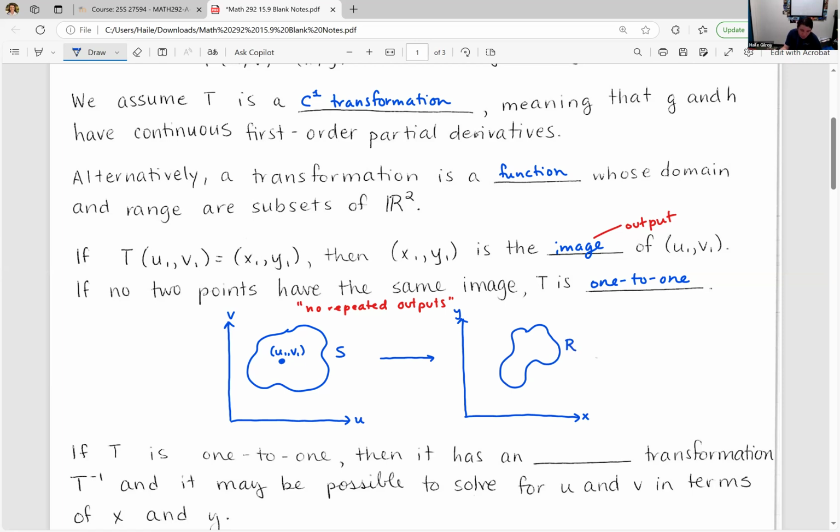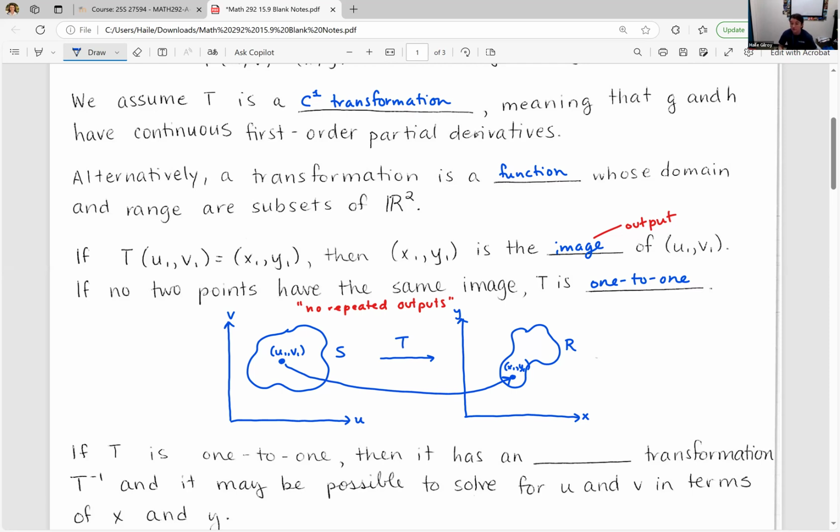This is a blob R. And in this blob R, you've got some other point, X1, Y1. And what the transformation T does is it says, okay, U1, V1, I substitute you in, and you become the point X1, Y1. Okay. So that is what this transformation T is doing.